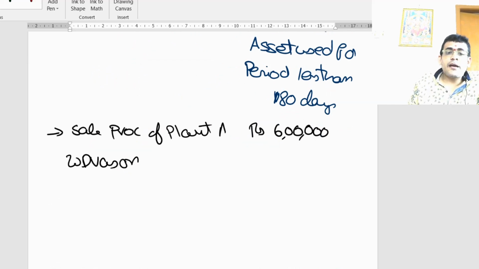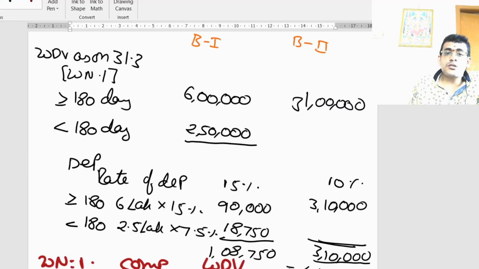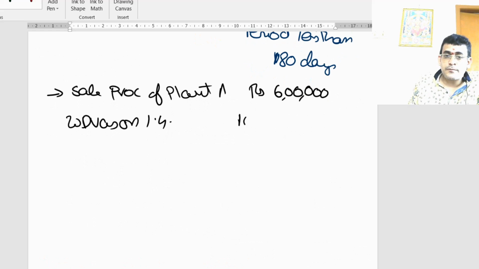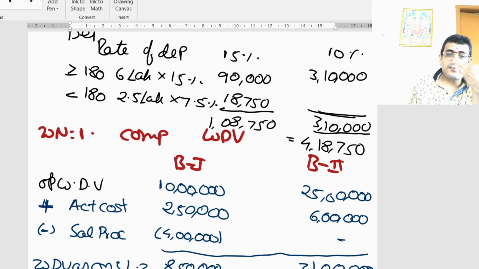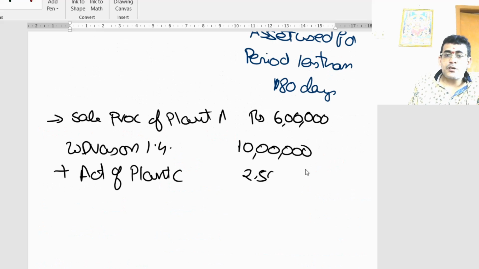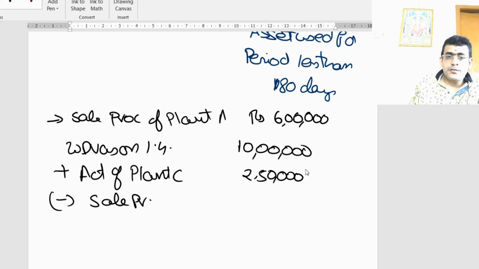Take your WDV as on 1st April, beginning of the previous year. No change. What was there? 10 lakhs. I will just consider the same thing here also, 10 lakhs. You had purchased plant C. What was the cost of acquisition there? Plant C was purchased for 2,50,000. So add your actual cost of acquisition, 2,50,000, less sale proceeds.